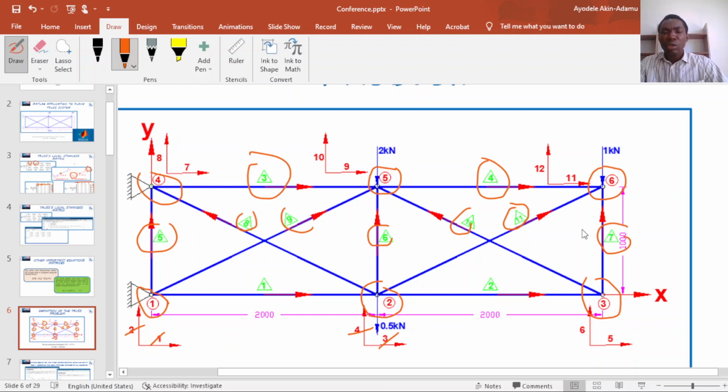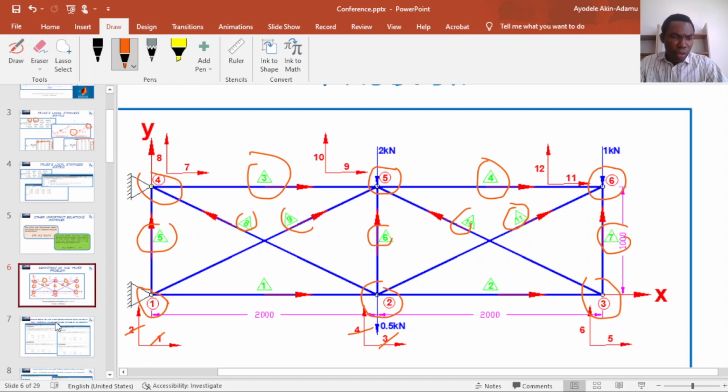When we are using the finite element procedure to solve a truss problem, we label the members, we label the nodes, and we also label the degrees of freedom at each node. I hope this is well understood. I will move to the next slide now.